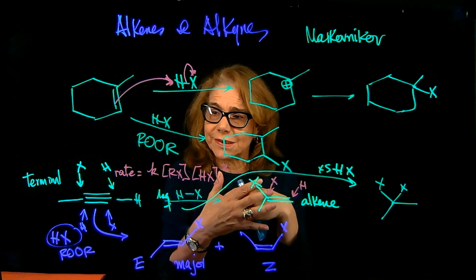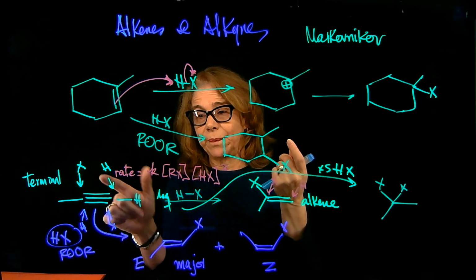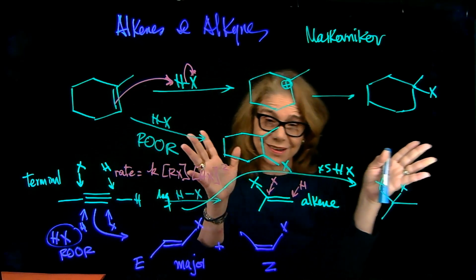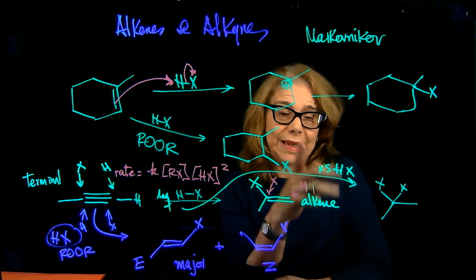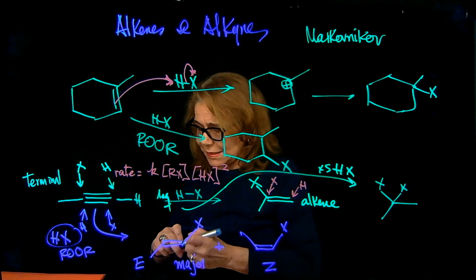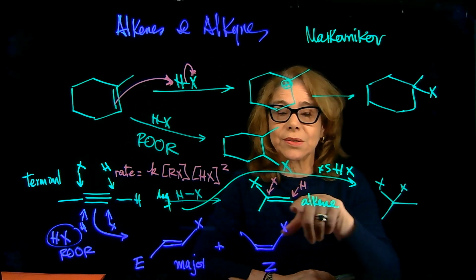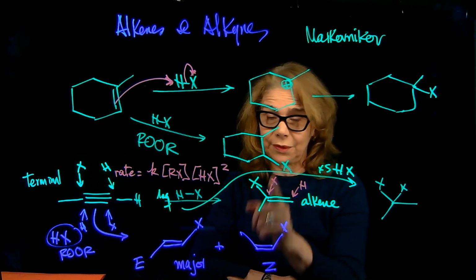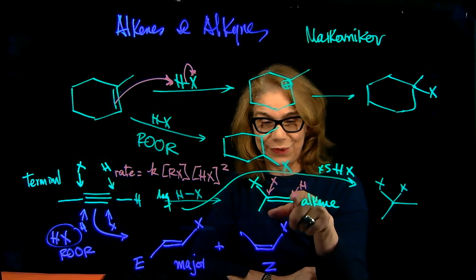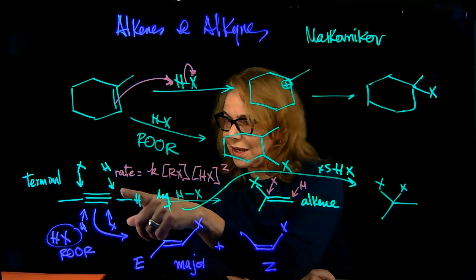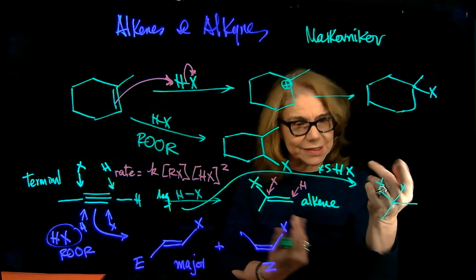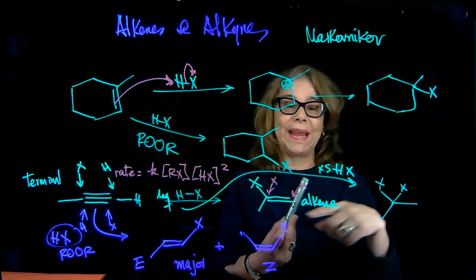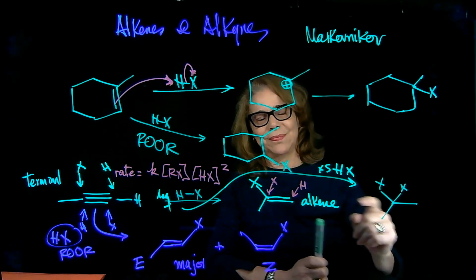In the case of the alkynes, with Markovnikov hydrohalogenation in excess of HX, your acid, you will add twice. First, one equivalent will add one time Markovnikov, H and X. You get this substituted alkene, but in excess you can add twice and form a dihalide.